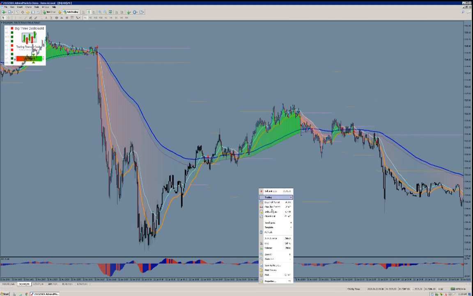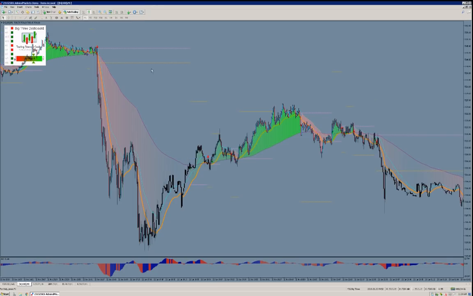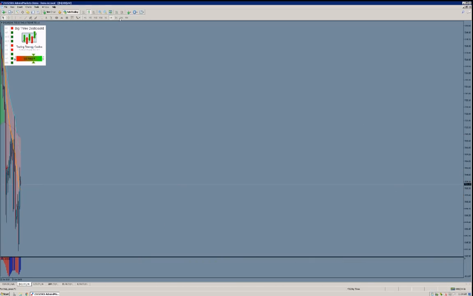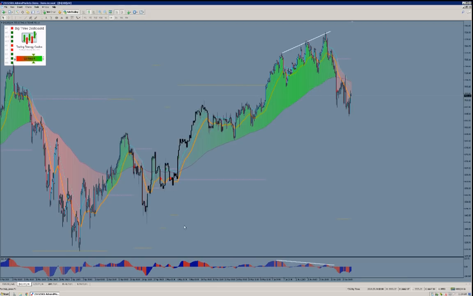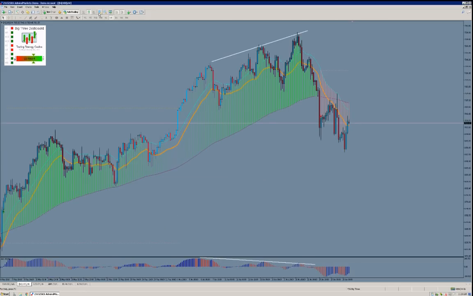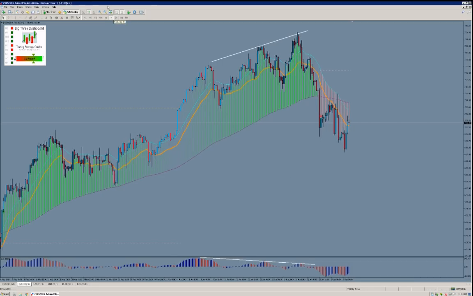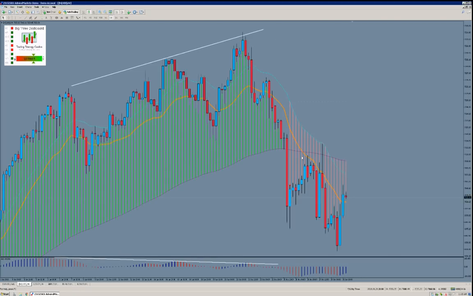Okay, now I'll just delete the other ones that I was showing you so that it doesn't get messy. And okay, let's have a quick look at this then. For our chart, yeah, so what's quite nice about this is the way I've set this.